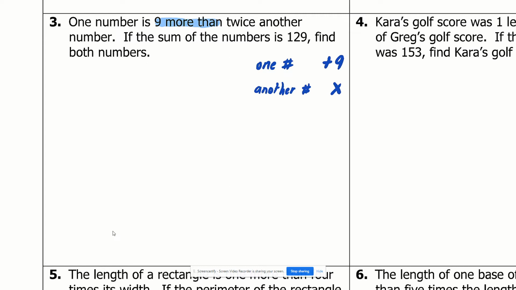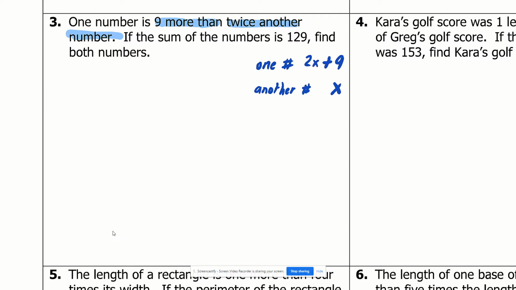Twice the number we just defined is what? X. So it's 9 more than twice x. So how do I write one number? 2x plus 9. Or 9 plus 2x. Y'all know that 2x plus 9 and 9 plus 2x is identical, right?